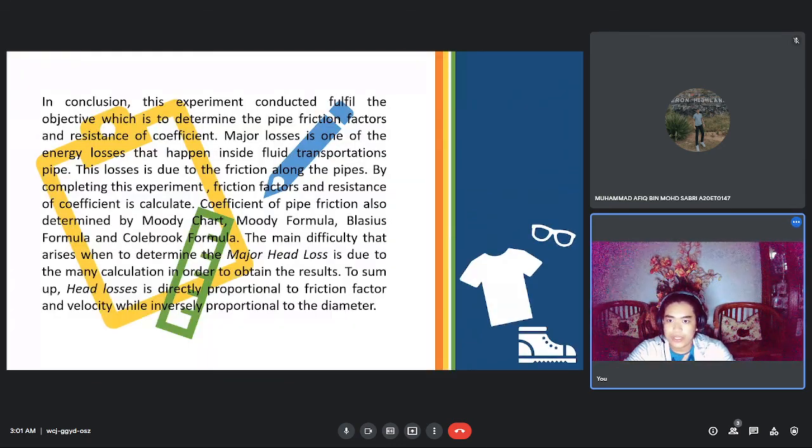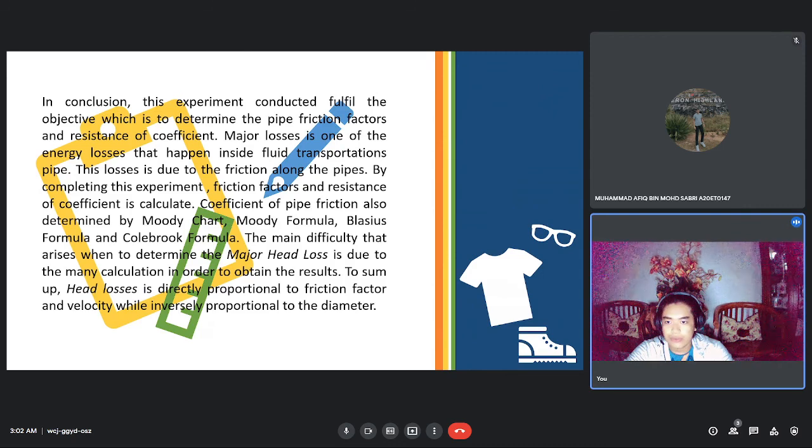For the conclusion, this experiment was conducted to fulfill the objective, which is to determine the pipe friction factors and resistance coefficient. Major losses are one of the energy losses that happen inside fluid transportation pipes. These losses are due to the friction along the pipes. By completing this experiment, friction factors and resistance coefficients are calculated.